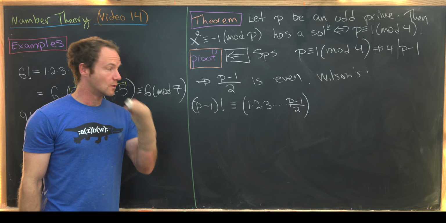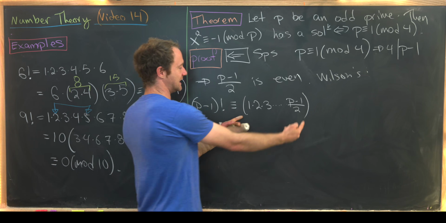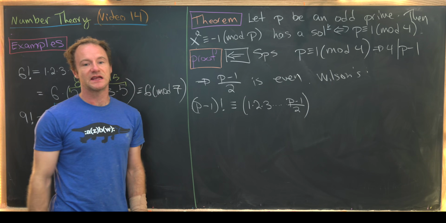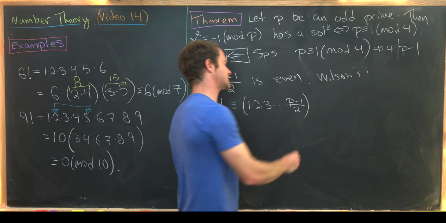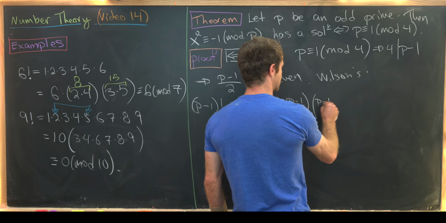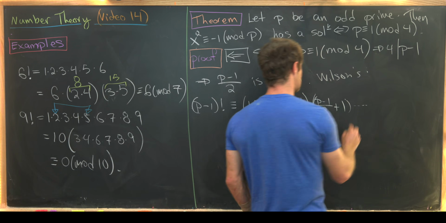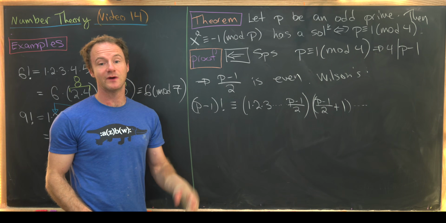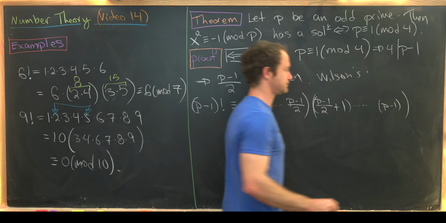Okay, so why did we need p minus 1 over 2 to be even? Well, that's because we wanted an even number of things in this product for what we're getting at. Okay, and then let's write the rest of the terms. So that'll be p minus 1 over 2 plus 1 times p minus 1 over 2 plus 2, ending at p minus 1.